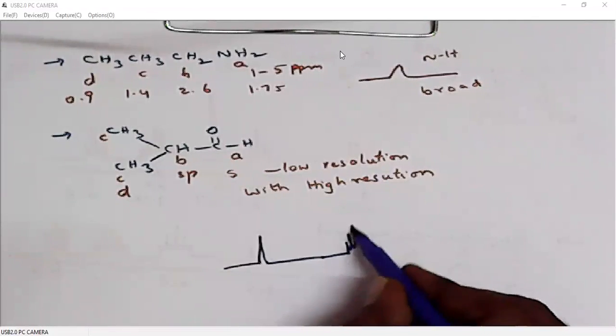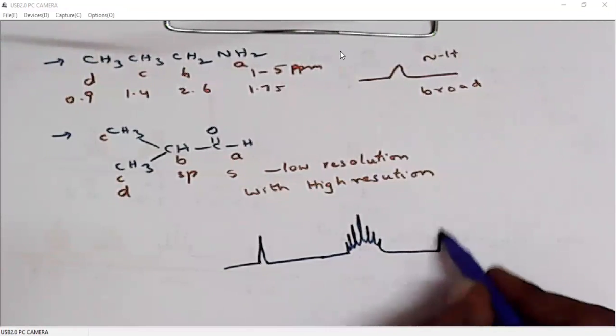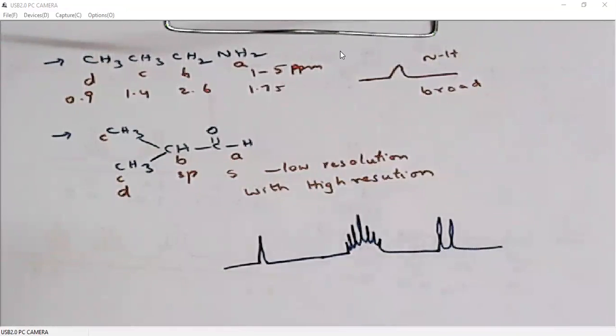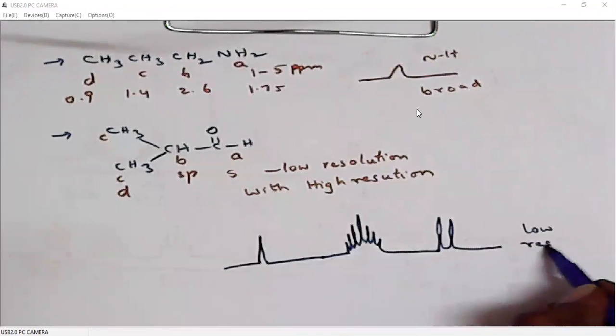With low resolution we will get a spectra like this: a singlet, 1 2 3 4 5 6 7 septet and a doublet.